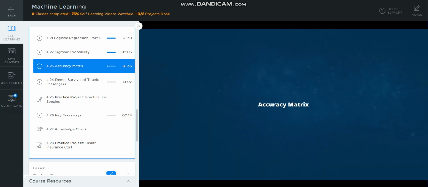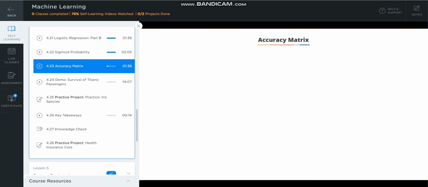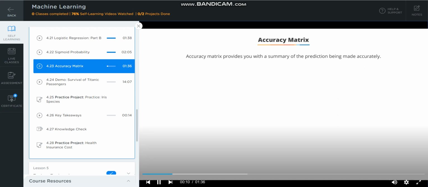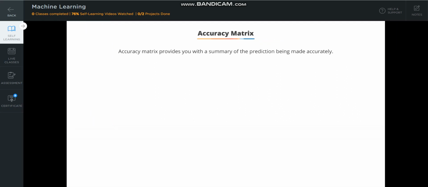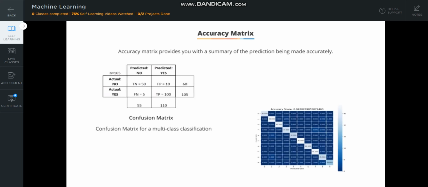Accuracy matrix. Let's learn what an accuracy matrix is. The accuracy matrix provides you with a summary of the predictions being made accurately. A confusion matrix is a breakdown of the results of prediction on a classification problem. The number of right and wrong predictions is summarized and broken down by each class with count values.